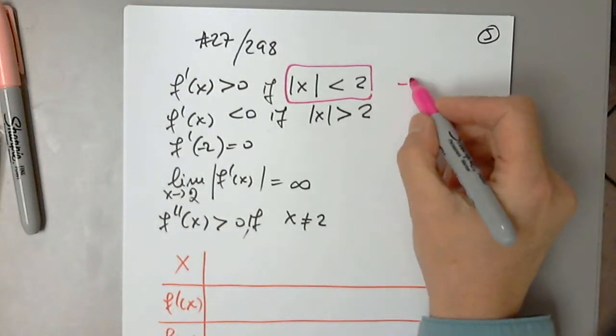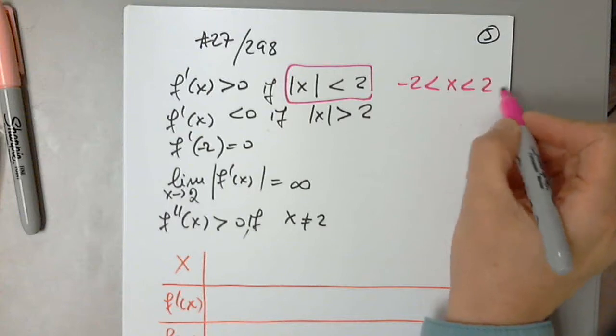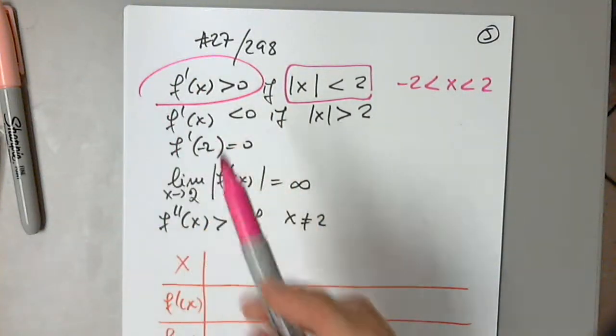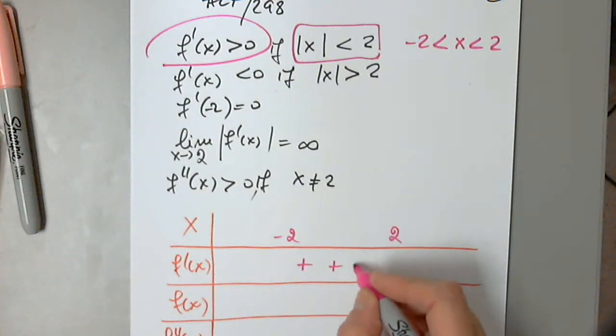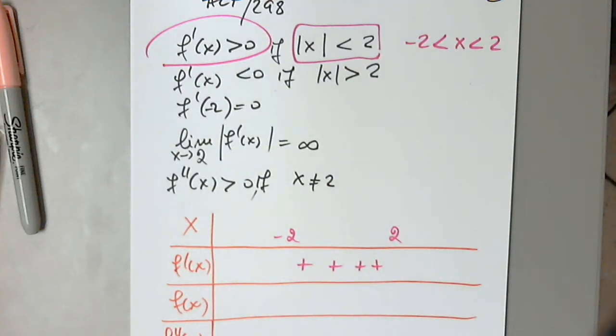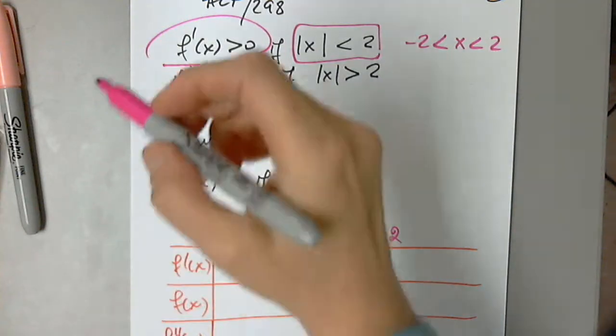So this is negative 2 less than x less than 2. And the first derivative is positive. So between negative 2 and 2, the first derivative is positive, and this is check. Done.